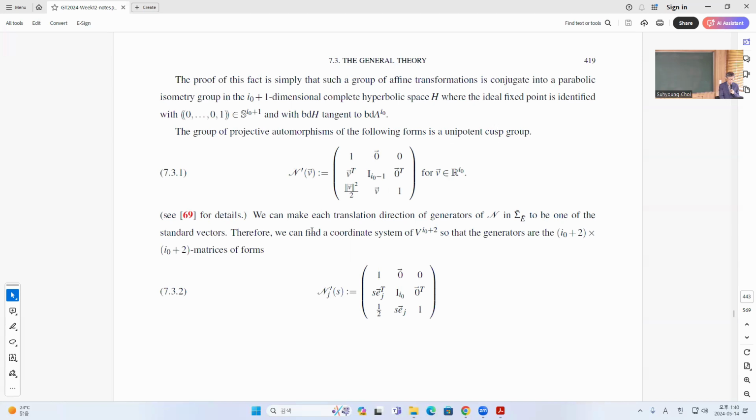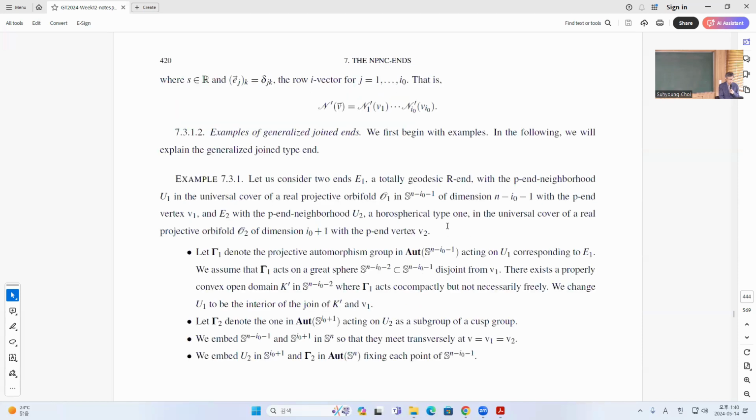So this is a unipotent cusp group, and then you can give a coordinate. So for some standard vector, you can do this, and then these you can always write like this.